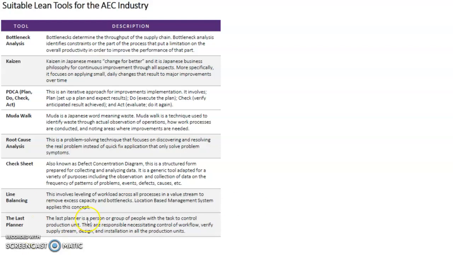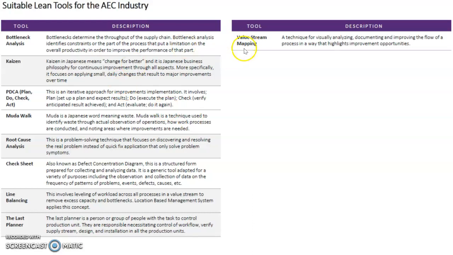The last planner. The last planner is a person or group of persons with the task to control production units. They are responsible, necessitating control of workflow, verifying the supply stream, design and installation in all production units. We will also be talking about the last planner system in detail in one of the slides later. Value stream mapping.